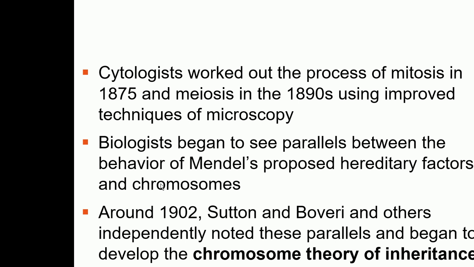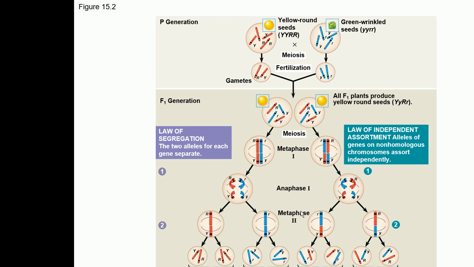Around 1902, two scientists, Sutton and Boveri, independently noted this and developed the chromosome theory of inheritance. Now we know that these genes are located on the chromosomes.